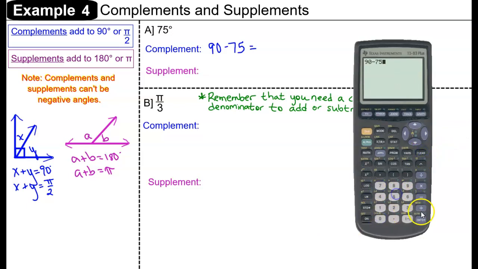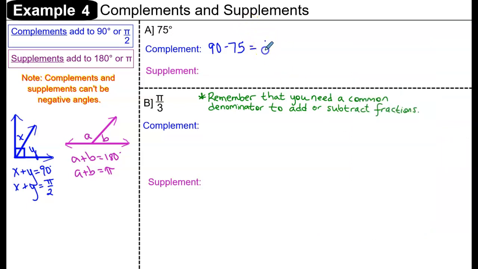So 90 minus 75 is 15 degrees, and that would be the complement. Not all angles have a complement. For example, if I was asked to find the complement of 100 degrees, the answer would be none, because 100 degrees is already more than 90, so there'd be no complement.